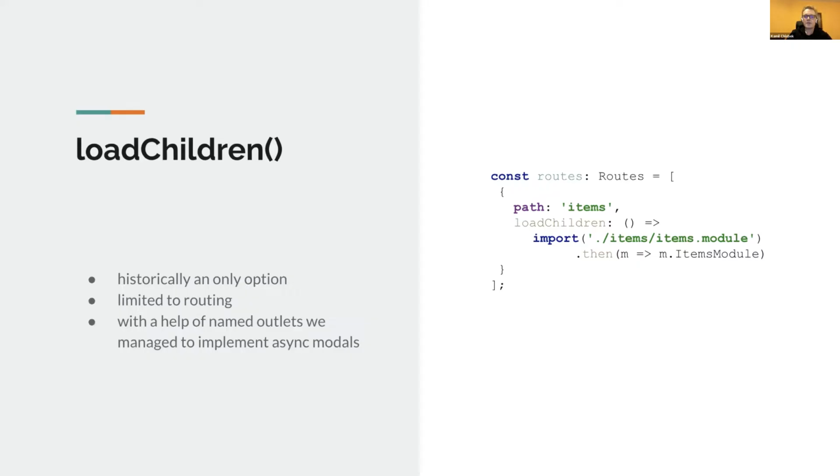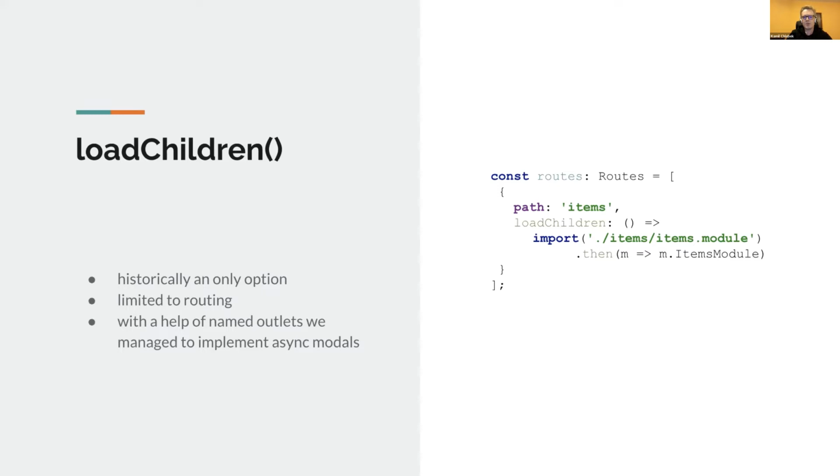The first way is to use the loadChildren option, which is available to you while defining the route configuration for a given module. In the past, it was the only way to load part of the application on demand. To use it, you have to assign to the loadChildren property a function that will load and then return a module.